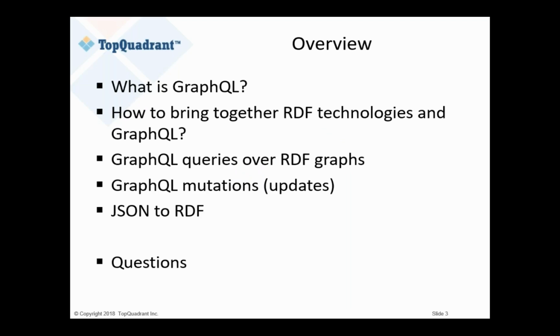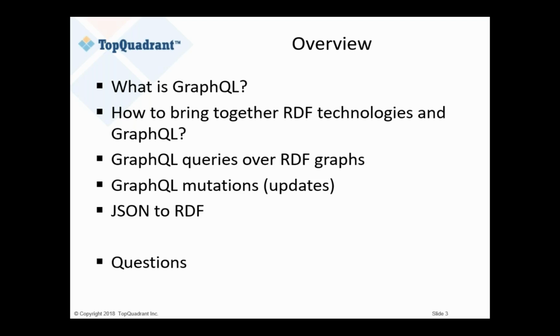So this is a brief overview. I'm going to introduce what GraphQL is, and then I'm going to show what technologies we are employing to bring GraphQL and RDF technologies together. Then I'll showcase the types of GraphQL queries that can be executed using the TopBraid platform.